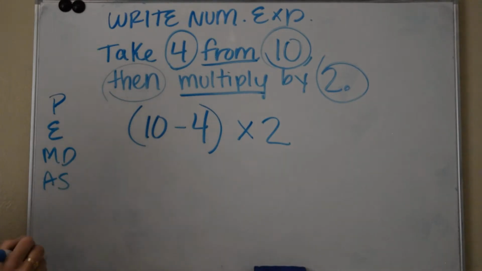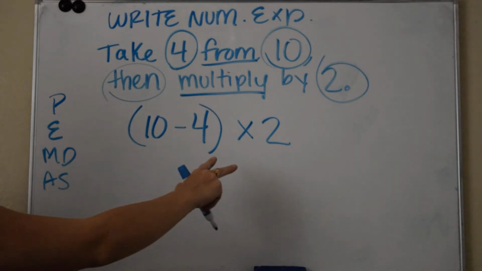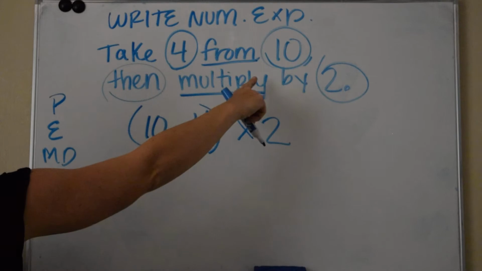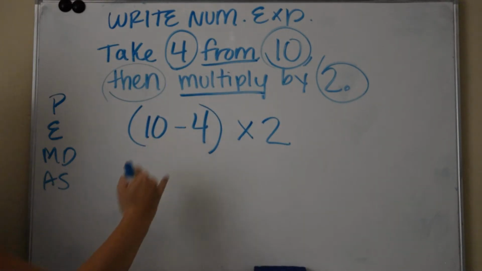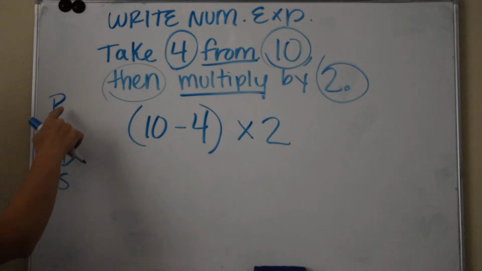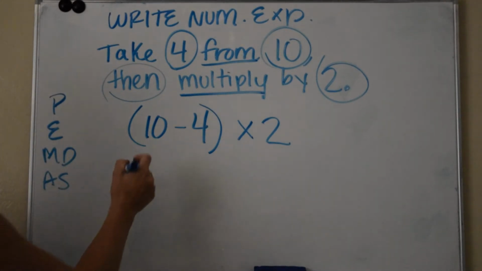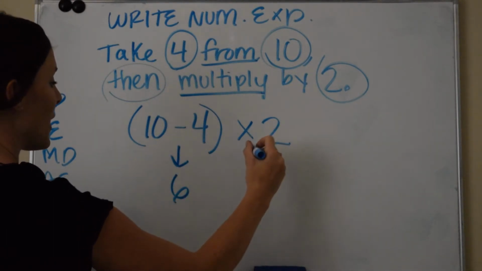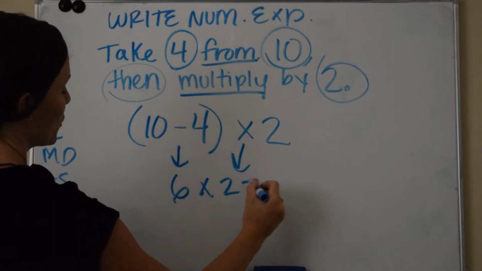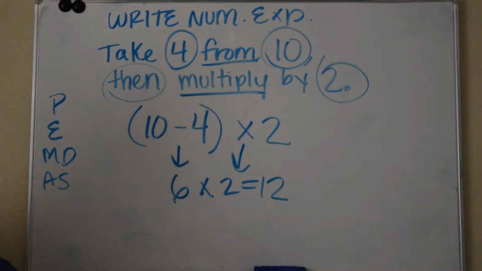I don't want to multiply the 4 times 2. They said take 4 from 10, then multiply by 2. So this first step had to be put in parentheses because we solve what's in parentheses first. Following order of operations, 10 minus 4 is 6. And then I bring down what's left. 6 times 2 is 12. And there you have it.